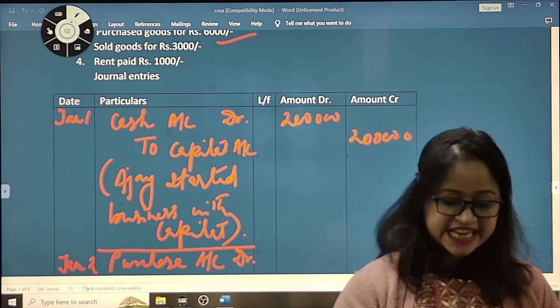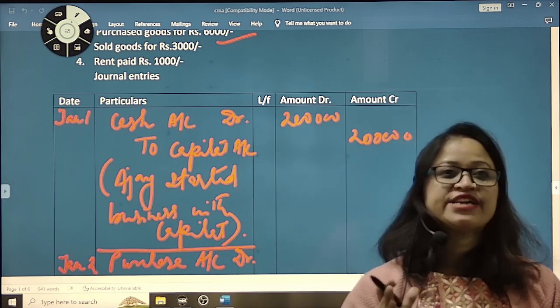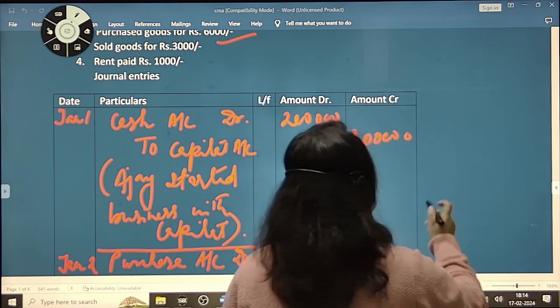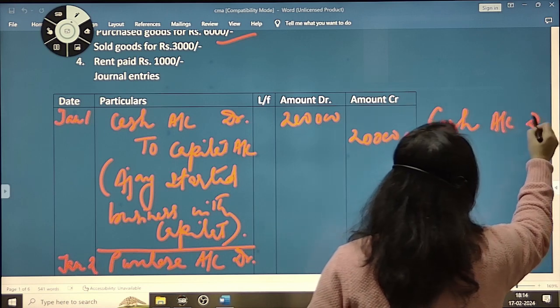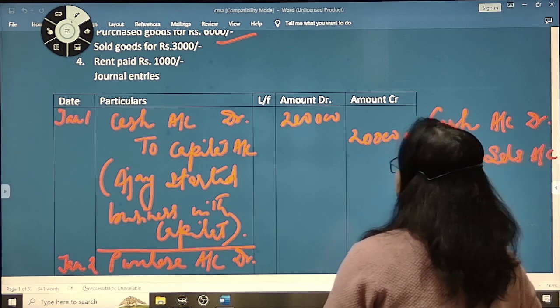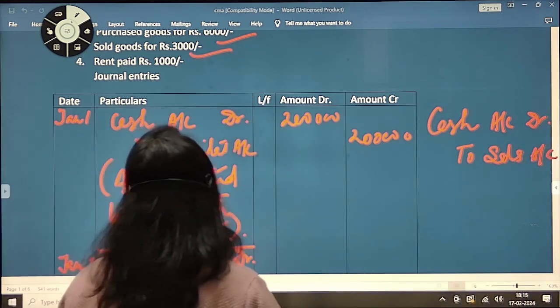Always remember, whenever cash is coming in, cash is debited. So cash account debit to sales account. So the third journal entry is cash account debit to sales account, and the amount is 3,000.